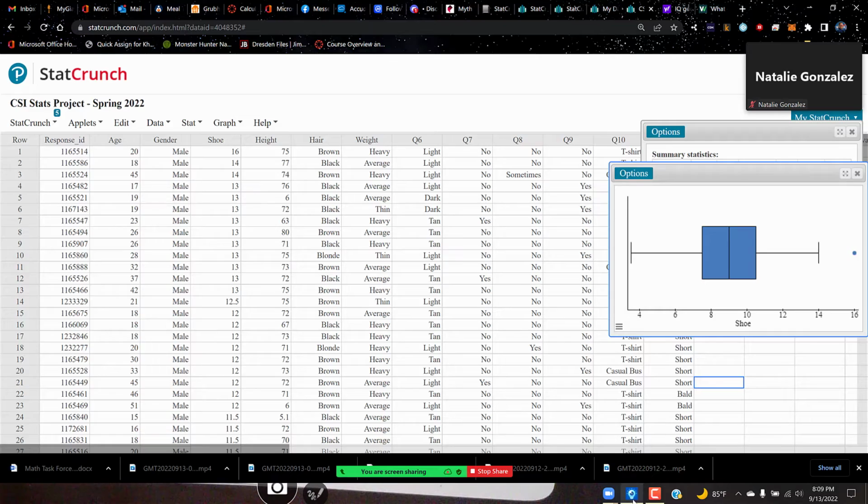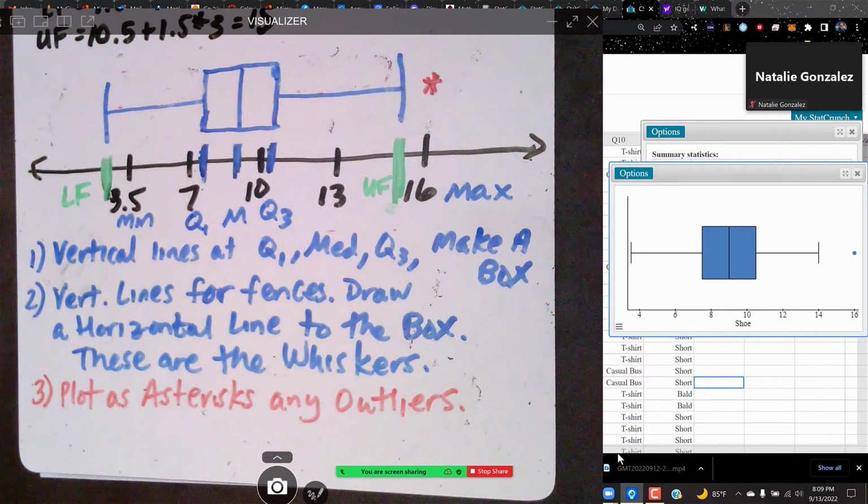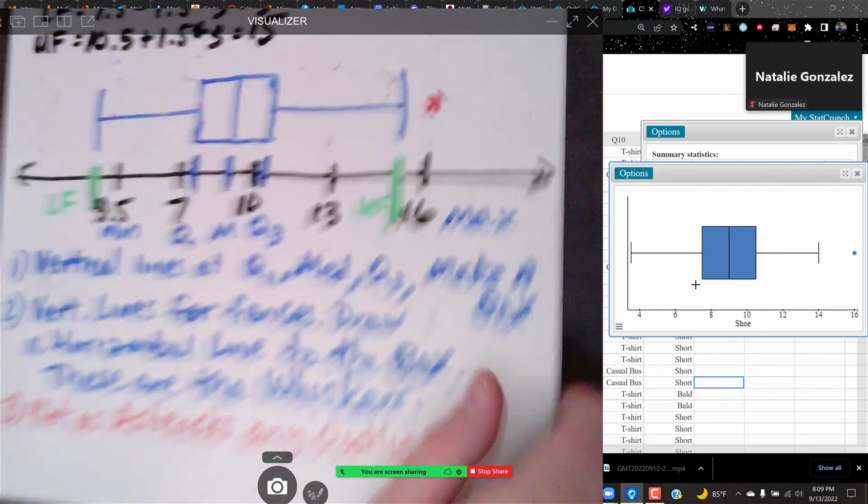And let's see how we did. Why do they keep going down? I think they keep dropping down to the next lower value on the upper fence, and I'm not sure why. But they've got the outlier marked. It is the shoe size at 16. Theirs looks similar to ours. So I think we did a good box plot.